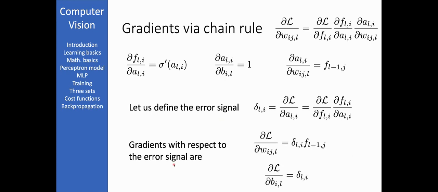Now the gradients with respect to the weights and the gradient with respect to the cost can actually be written in the form of the error signal. So I simply multiply the error signal with the activation in the previous layer to get the derivative with respect to a weight, and simply take the error signal itself if I'm interested in the derivative with respect to the bias.